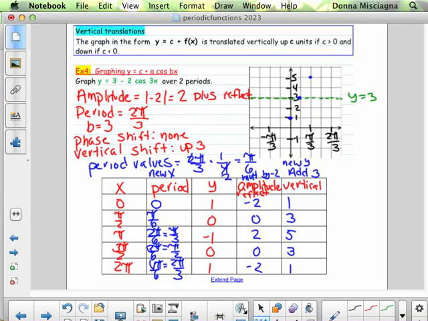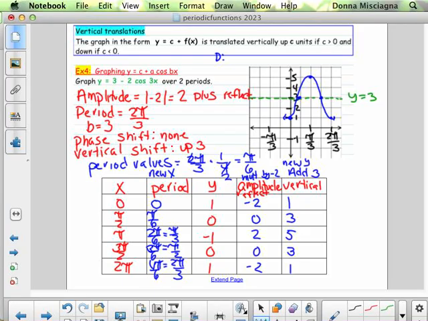So 3 lines over, and we're back to the midline, and then the minimum is at 2pi/3, 1. So here is the graph, and then it would just go back and do the same thing over again.